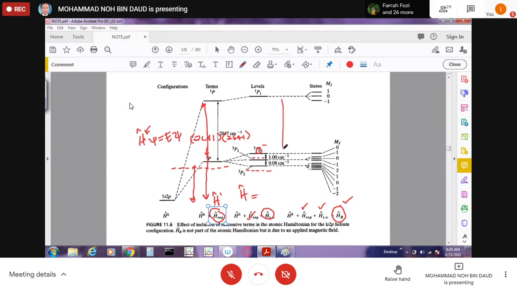And also between these two different electronic states, this is the same J, but a different spin multiplicity. So this is J, the Coulomb integral, and this is different K, sorry.